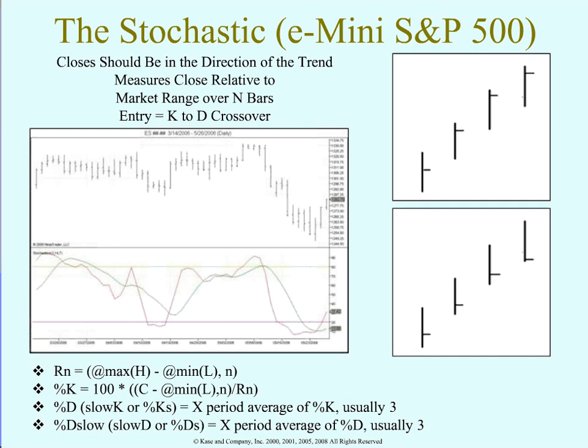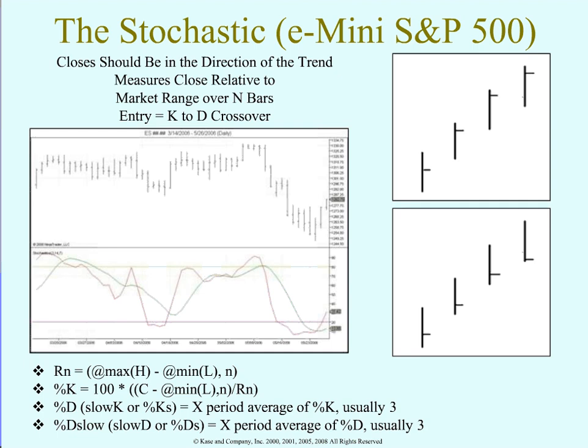The slow K and the slow D are as follows. The slow K is equal to the percent D, and the slow D is a triple moving average of the slow K. So it's just a smooth average of that measure of where the close is relative to a high-low range.